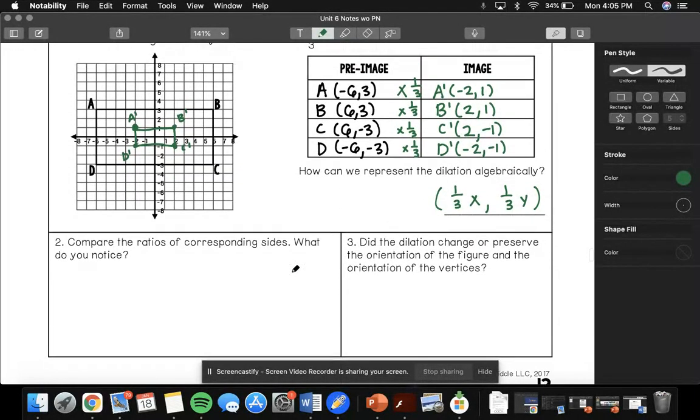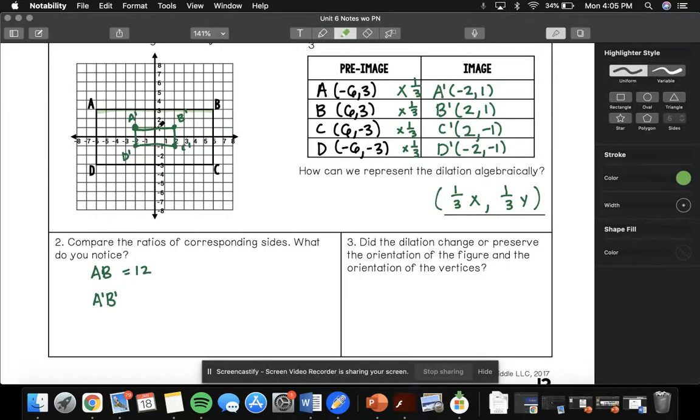All right, number 2 says, compare the ratios of the corresponding sides. So corresponding sides are just their matching sides. I'm going to compare AB to its dilated side, A prime B prime. So I'm going to count how long A to B is. 1, 2, 3, 4, 5, 6, 7, 8, 9, 10, 11, 12. And now I'm going to compare that to A prime B prime.